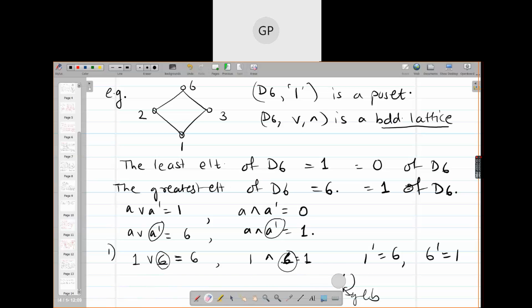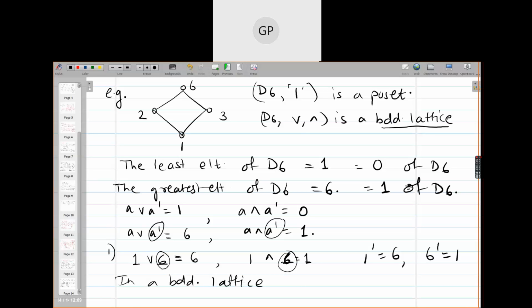You can write this as a note if you want. In a bounded lattice, the complement of the least element is the greatest element, and conversely.